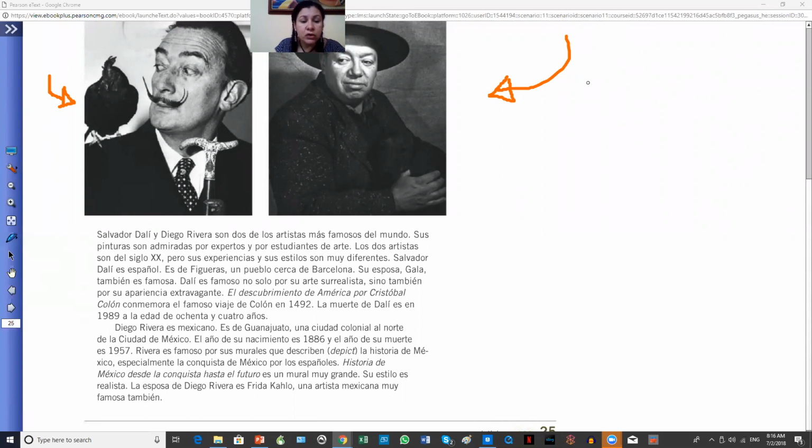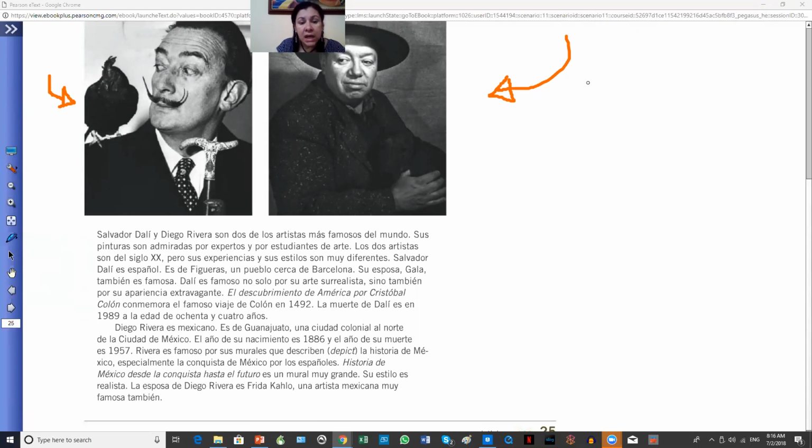Salvador Dalí es español, es de Figueras, un pueblo cerca de Barcelona. Su esposa Gala también es famosa. Dalí es famoso no solo por su arte surrealista, sino también por su apariencia extravagante. El descubrimiento de América por Cristóbal Colón conmemora el famoso viaje de Colón en 1492. La muerte de Dalí es en 1989 a la edad de 84 años.